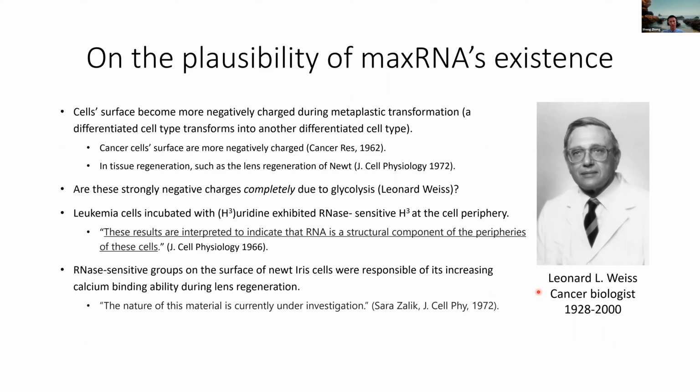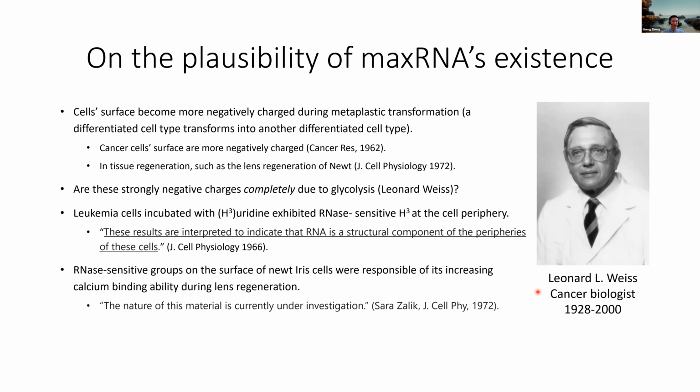In general, this negative charge was attributed to more glycans due to glycolysis. However, Leonard Weiss felt that RNA is also negatively charged. He asked whether, in addition to the sugar groups, RNA may also be present in cancer cells' periphery.